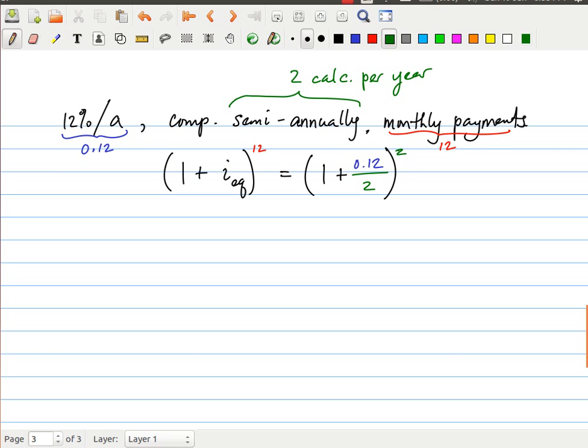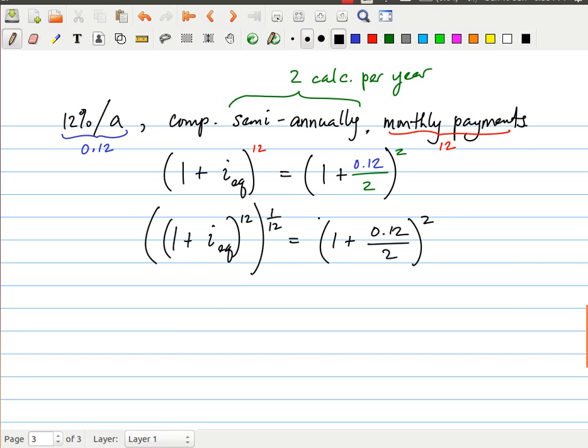So if I take the 12th root of both sides, or I raise both sides to the power 1 over 12, I'm going to rewrite this: 1 plus I equivalent to the 12 equals 1 plus 0.12 over 2, all squared, and I'm going to raise both of them to the 1 over 12. Whatever I do to one side, I do to the other side.